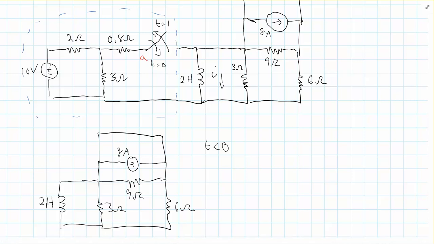If current were trying to go down here, it would encounter either a 6 ohm or a 9 ohm resistor. But if current goes up this way, it encounters 0 ohms.